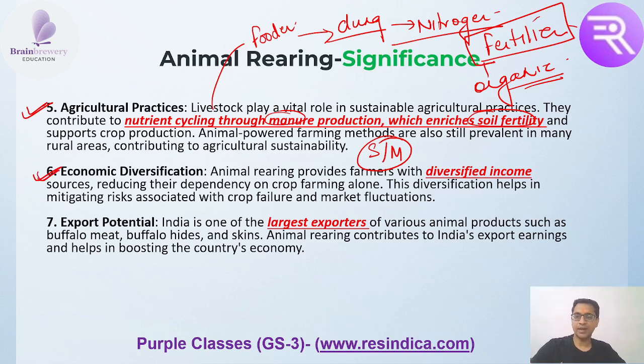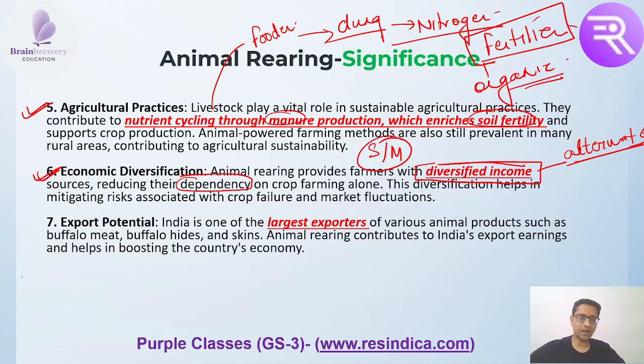Livestock and animal rearing provide a diversified, alternate source of income, so that small and medium farmers should not be dependent on a single source, because with animal rearing they will have another alternate source of income.